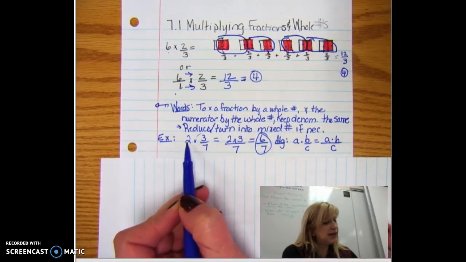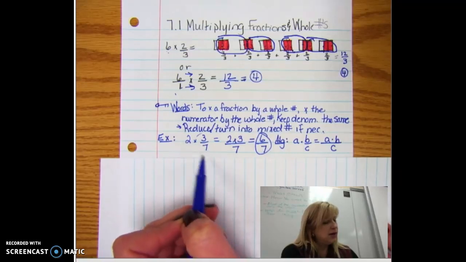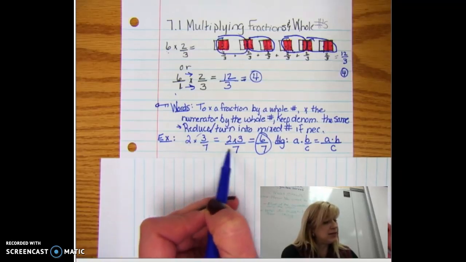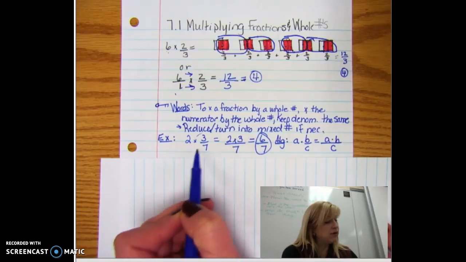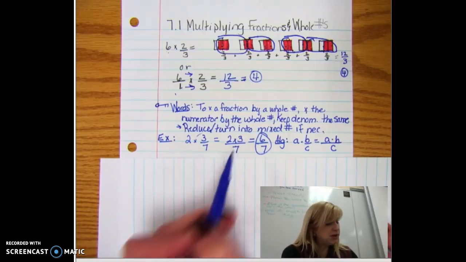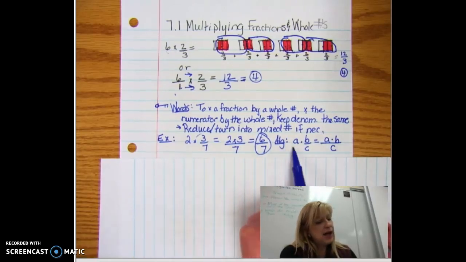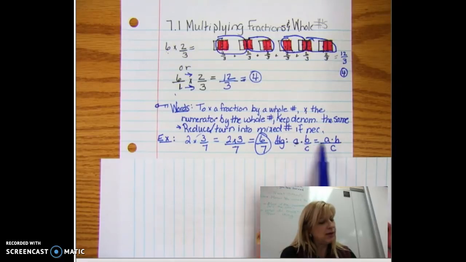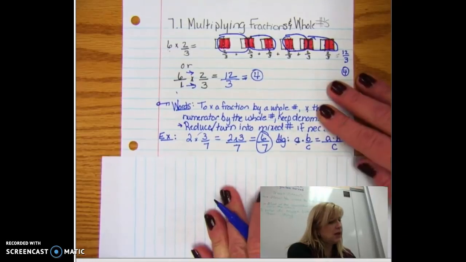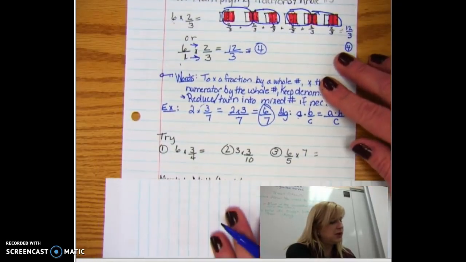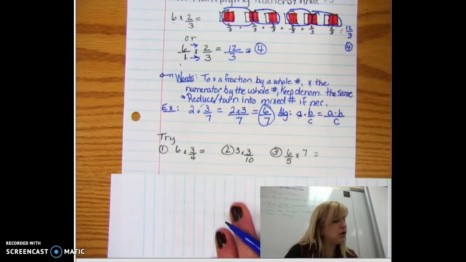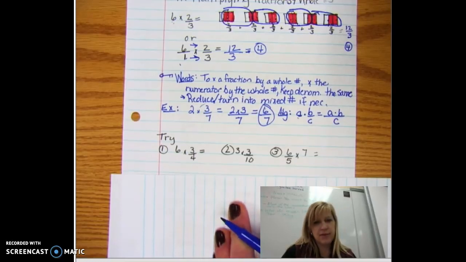So for the example, 2 times 3/7 is the same as 2 times 3 over 7. I just put the denominator on the bottom, and it'll be equal to 6/7. I did the algebra here. A times B over C, where this is the whole number, is the same as saying A times B over C.